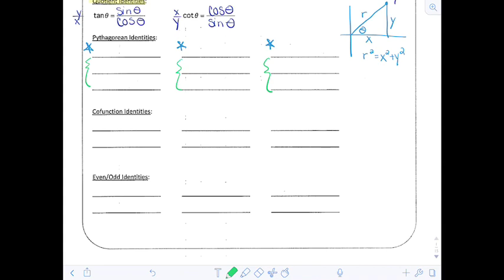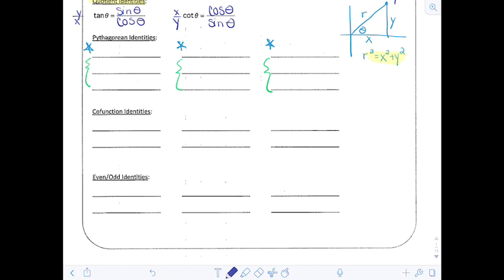So let's say we go back to this equation, r squared equals x squared plus y squared. Hopefully we are okay with the fact that I could divide every piece of this equation by the same thing, and it would not really affect my equation.